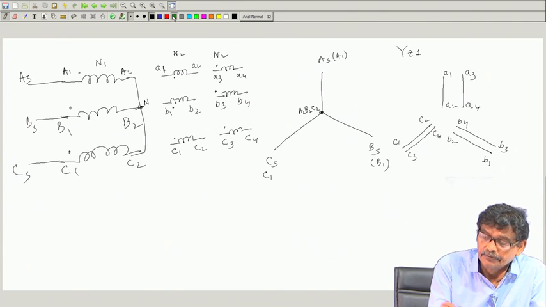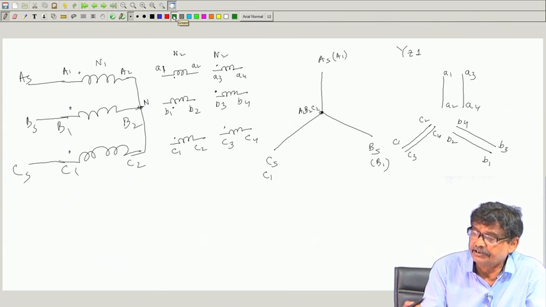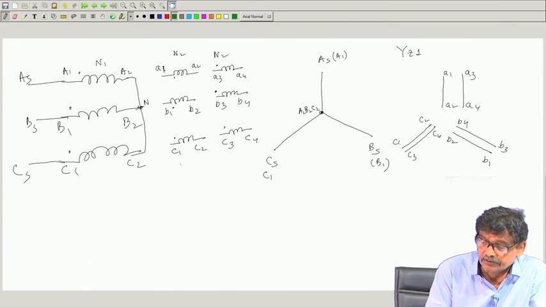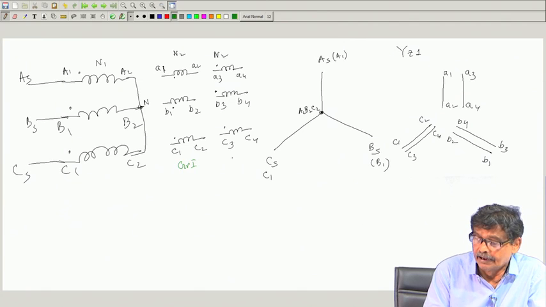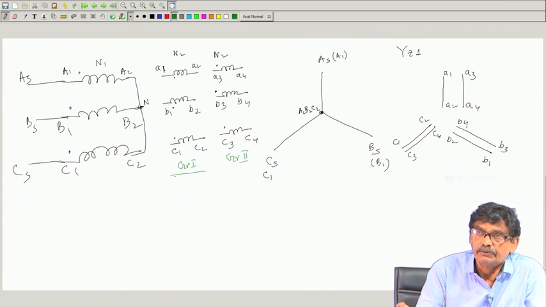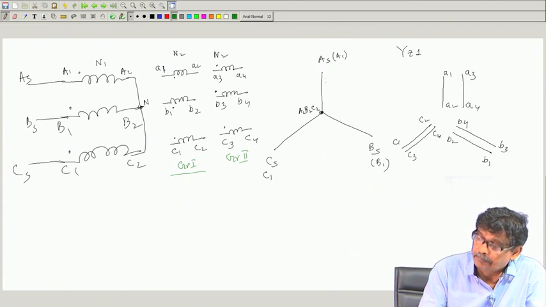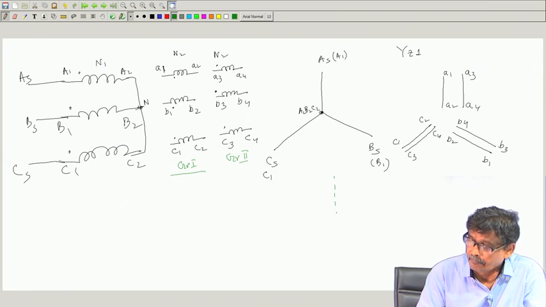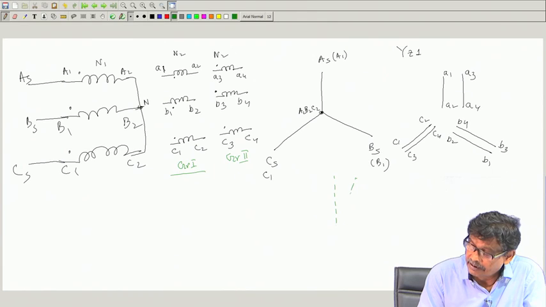Now, because zigzag connection is essentially star connection, we know this is group 1 and this is group 2. So, I want to get Y Z 1, which means with respect to this primary voltage, the secondary line voltage with respect to the secondary neutral will be lagging by 30 degree.